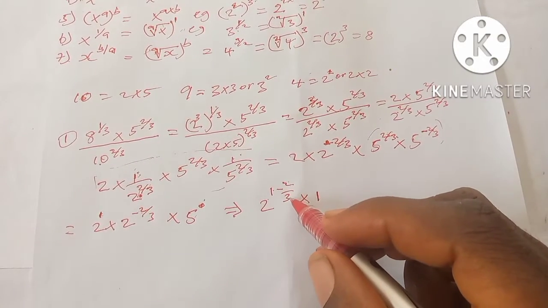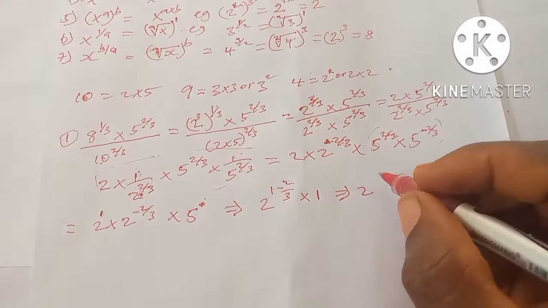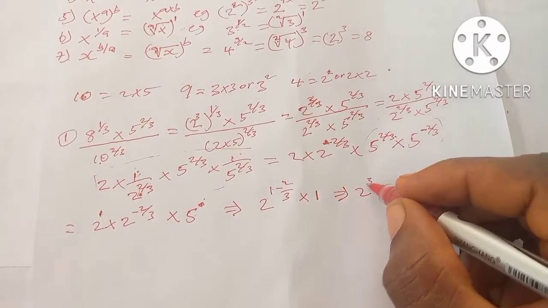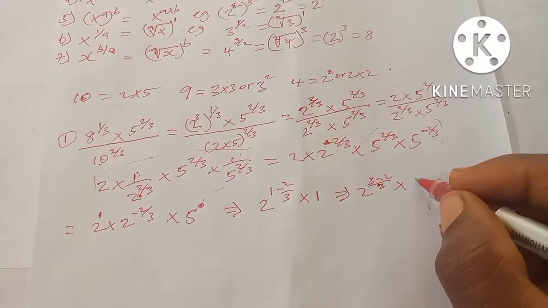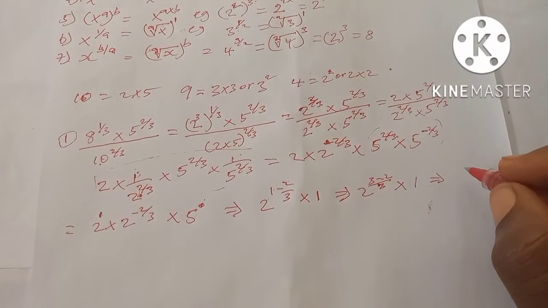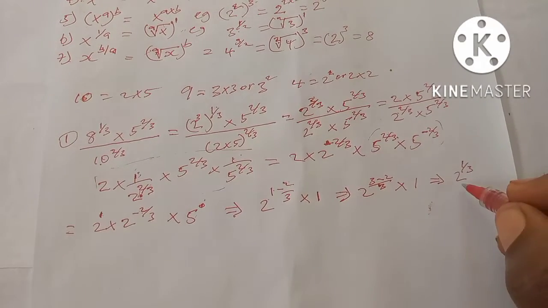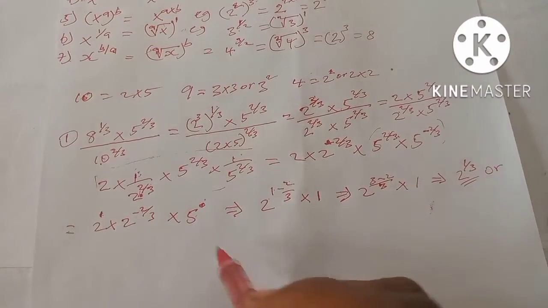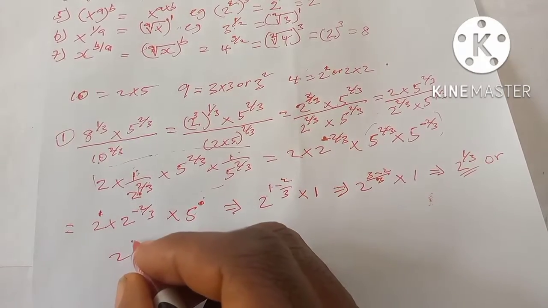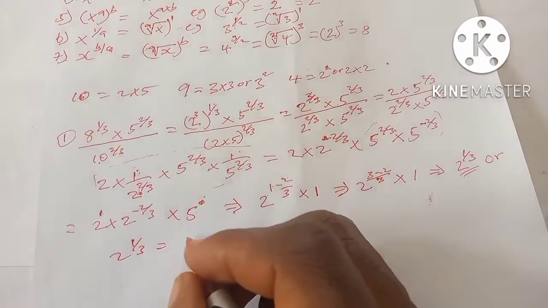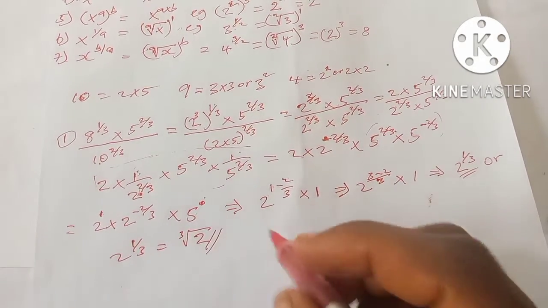So 1 minus 2 over 3 is the same thing as 3 over 3 minus 2 over 3, which is equal to 2 to the power 1 over 3. Or from the sixth law, 2 to the power 1 over 3 is also equal to the cube root of 2. This is our final answer.